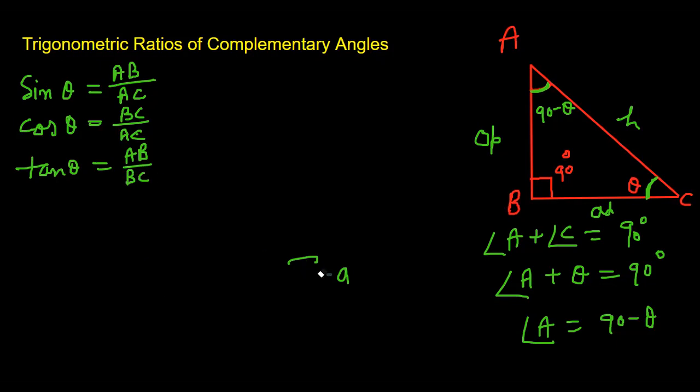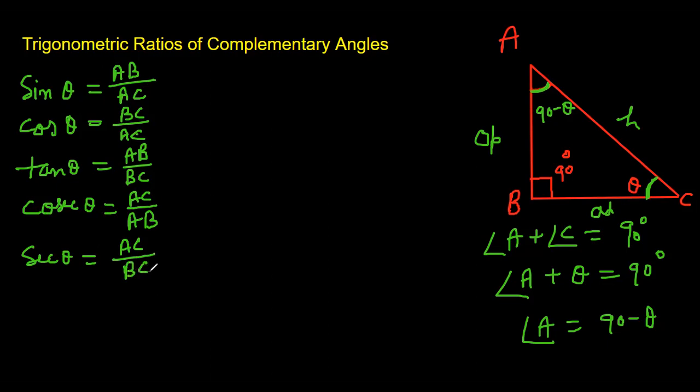Sine, cos, tan are written, and the other three trigonometric ratios are the reciprocals of these. The reciprocal of sine is cosec. So we can write cosec theta would be the reciprocal, AC divided by AB. Now sec theta would be the reciprocal of cos, that is AC divided by BC.